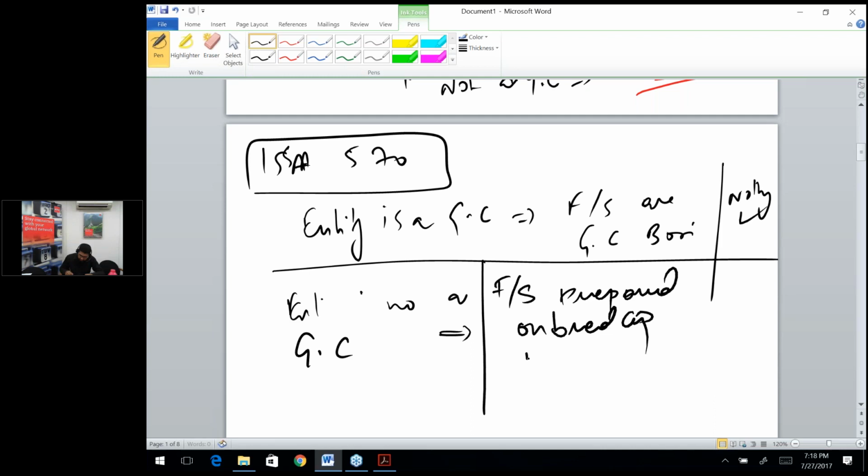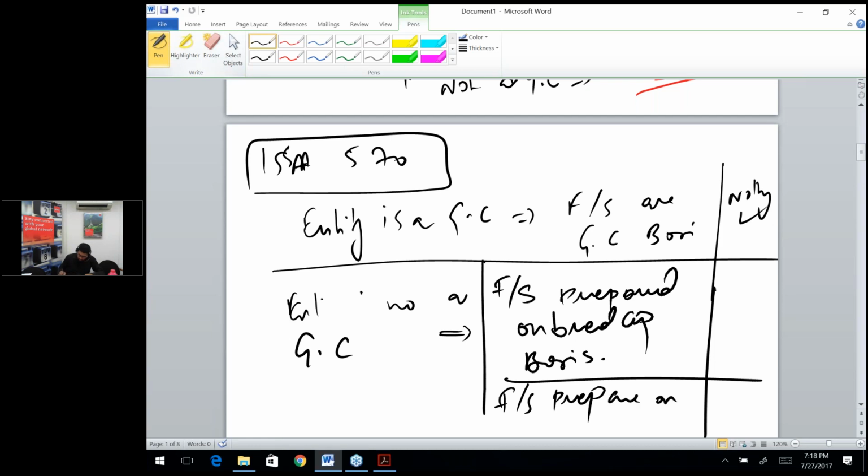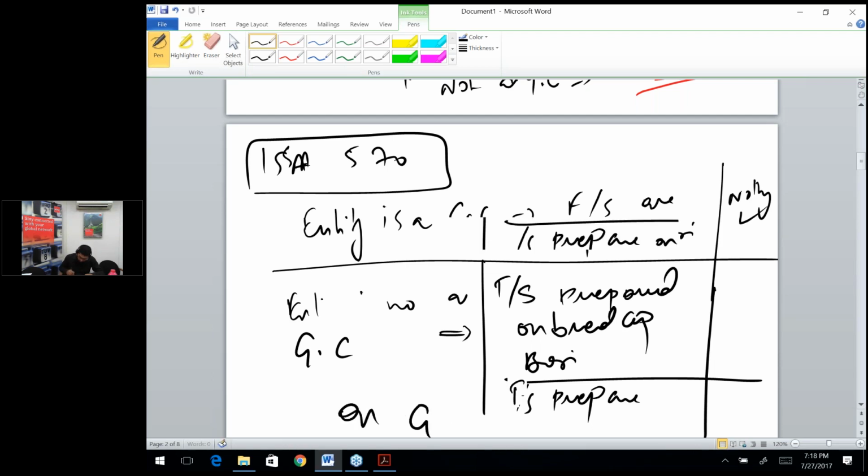Number two is financial statements prepared on going concern basis. So how exactly are we going to react as an auditor?